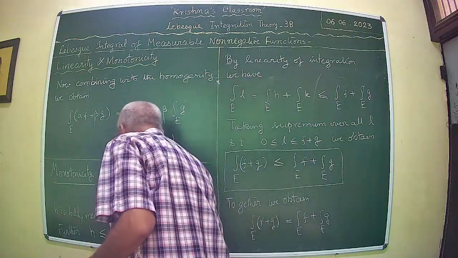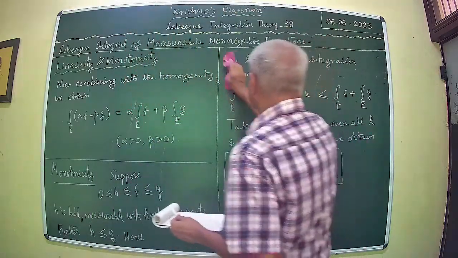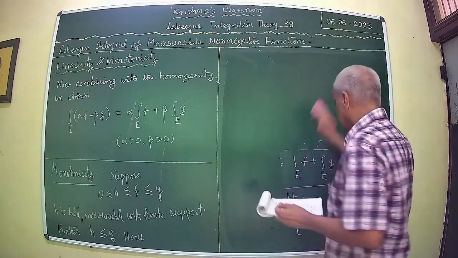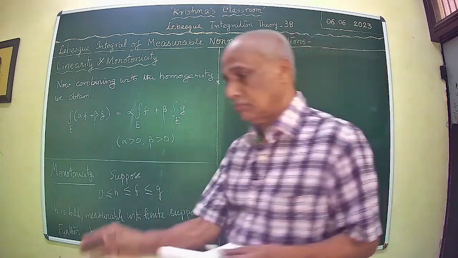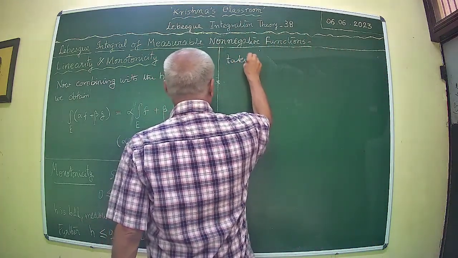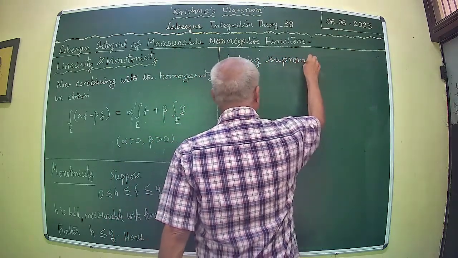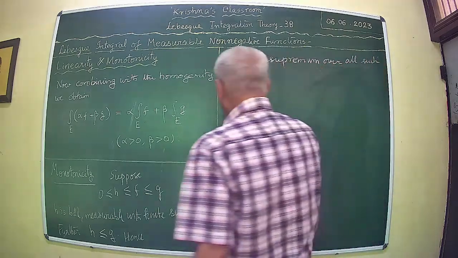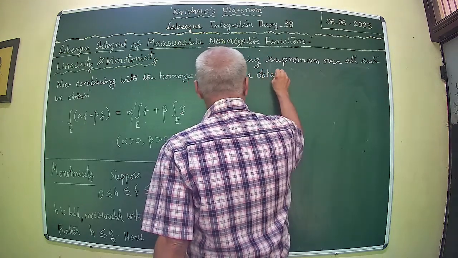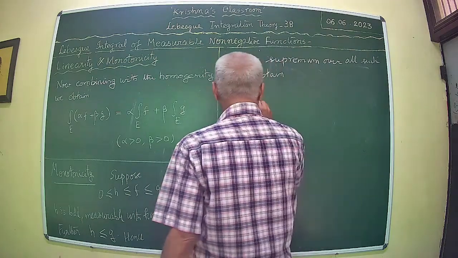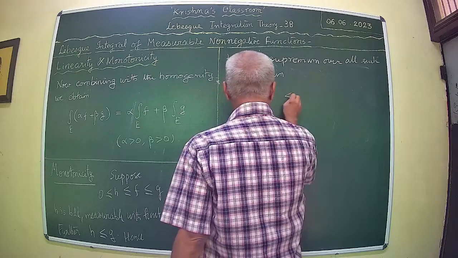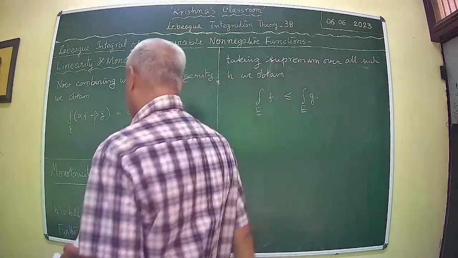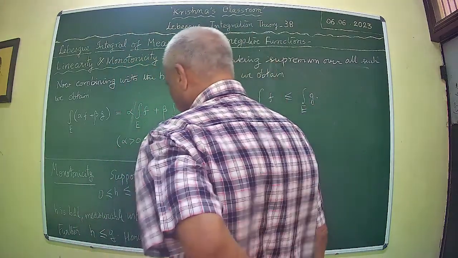Hence, taking the supremum over all such h, you obtain the integral over E of f is less than or equal to the integral over E of g. It is an inequality because we are not possibly taking care of all the bounded measurable functions with finite supports that are less than or equal to g.